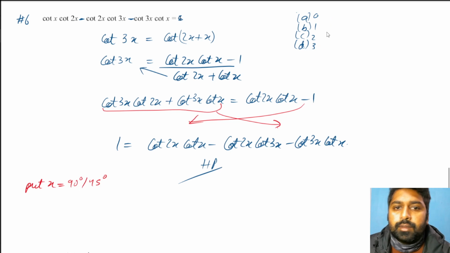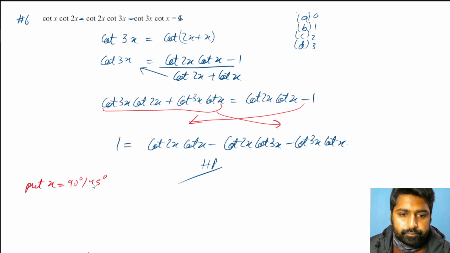If the option is in terms of, let's say, sine x plus y or tan x plus y, something like that, then you cannot use that. That's why the standard approach is pretty much safe always, but this has its own risk. And also remember, you cannot put 0, because make sure the expression is not becoming undefined. So the same question can be done by putting the value also, you can get the value.